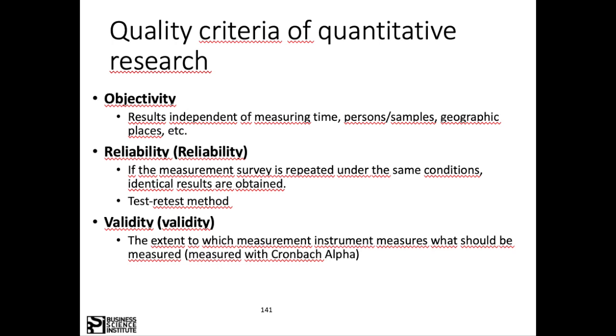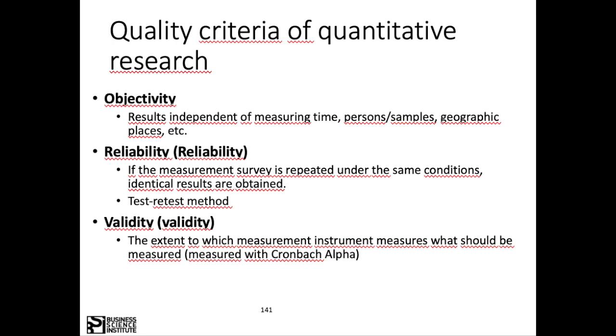The second criterion is reliability, which shows whether, if the measurement survey is repeated under the same conditions, it would bring identical results in remeasurement. That is why researchers often use a retest method in order to replicate the results. And the third criterion is validity, the extent to which the measurement instrument measures what should be measured.